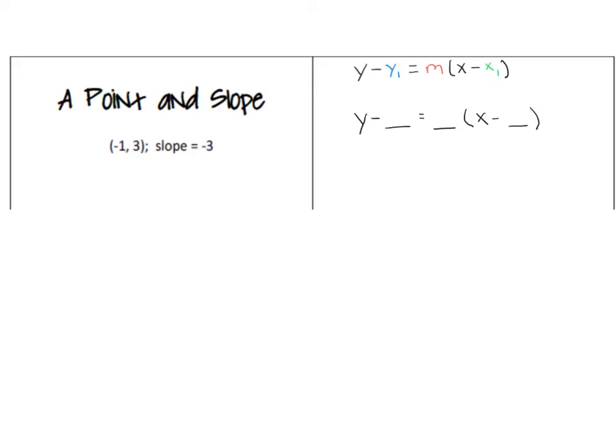If you are given a point and a slope, that is a perfect situation for using point-slope form.